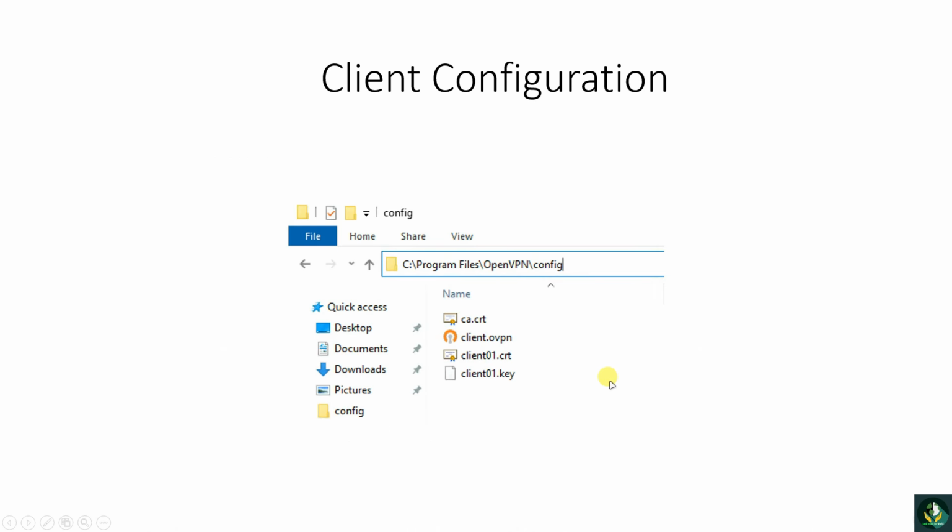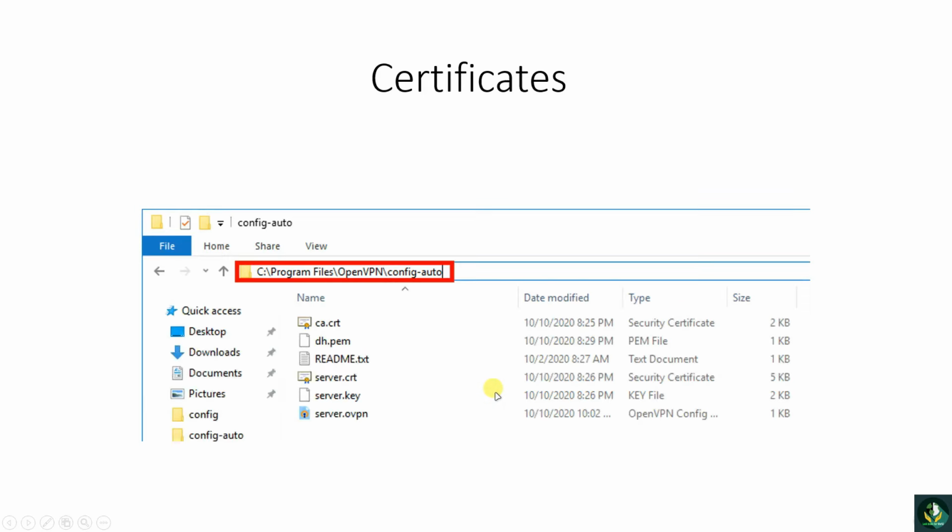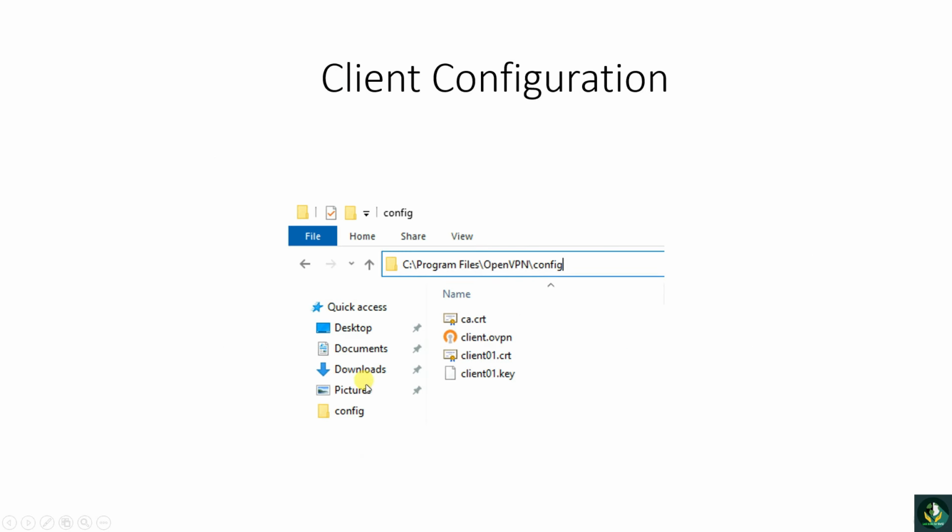These are the files that we need to copy to this config folder: ca.crt, client01.crt, and client01.key. These are the files that you need to copy from your server folder. So these files are all in here, as you can see. Make sure you click copy and paste them in this directory.